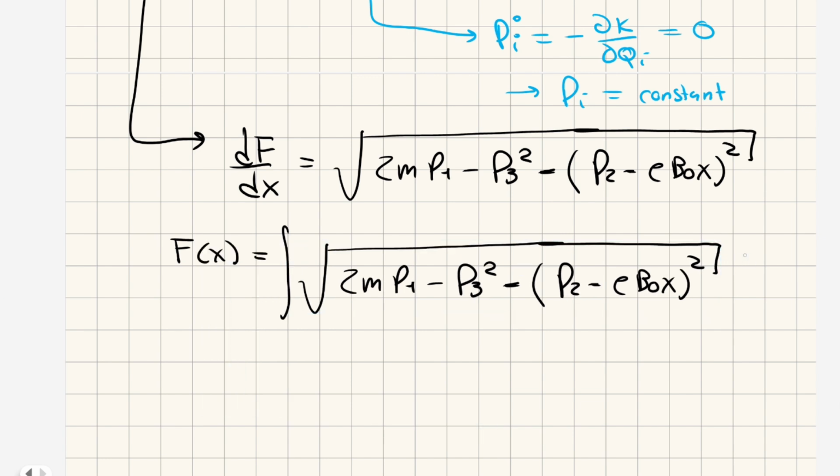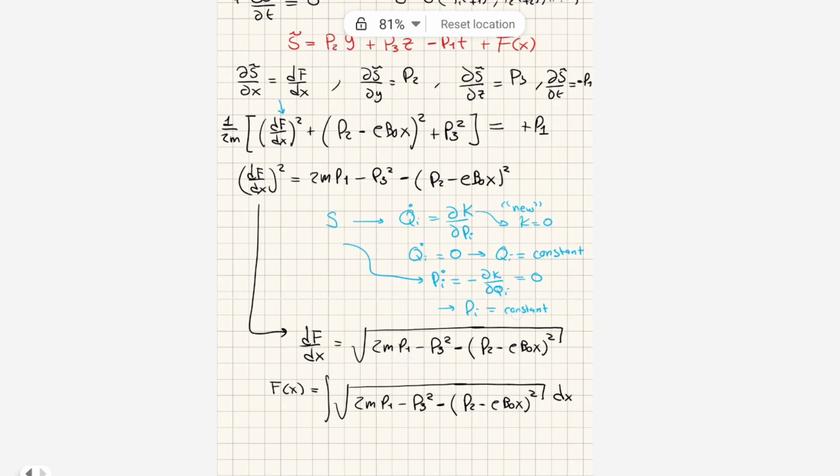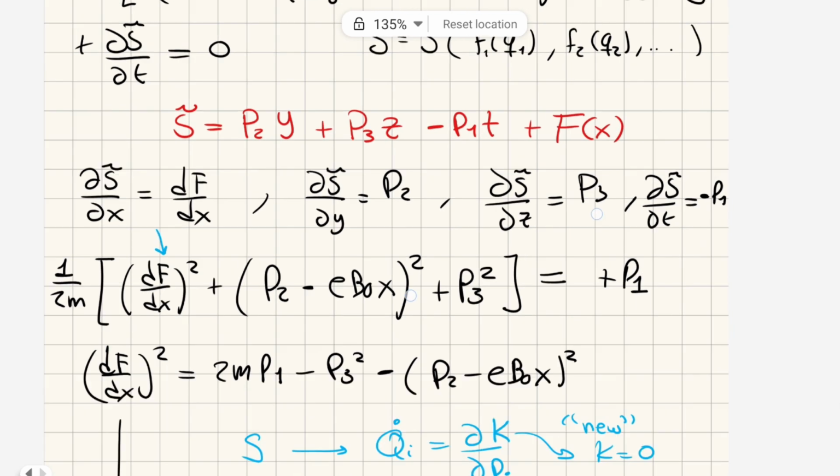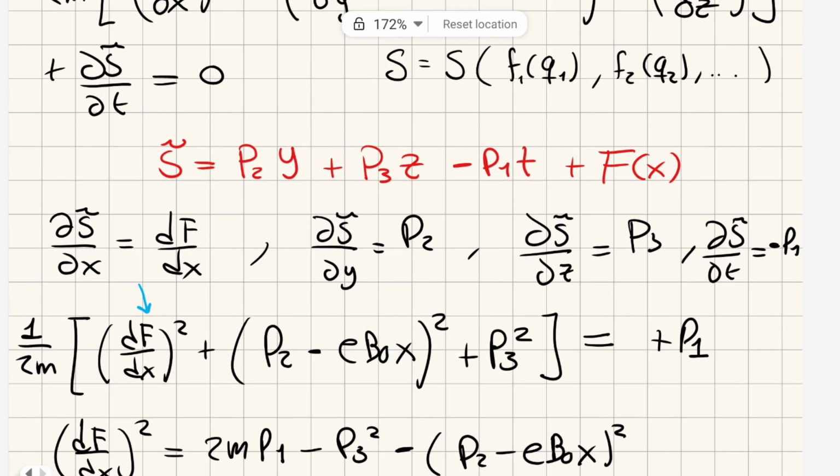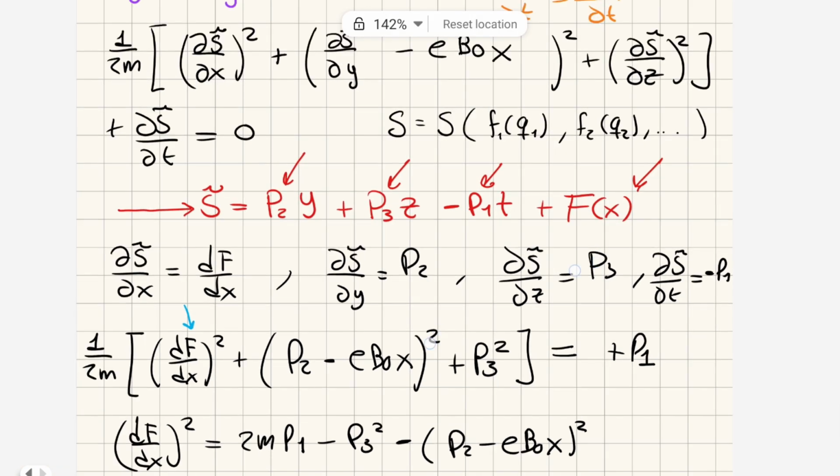Okay, perfect. So this is our function f that we needed to find to complete the proposal of solution that we made. Recall that we proposed s tilde as this whole thing, but this is a constant, this is a constant, this is a constant, and we have found f. So with this, we can construct the s tilde function that we wanted to find.